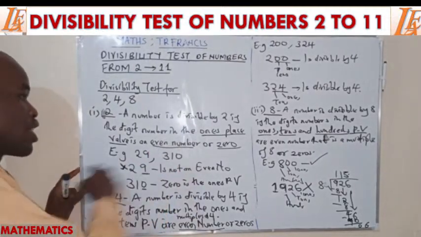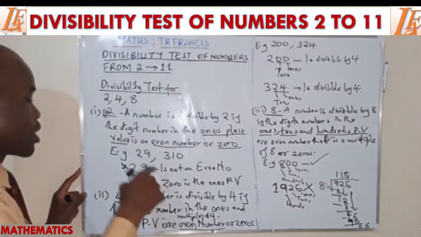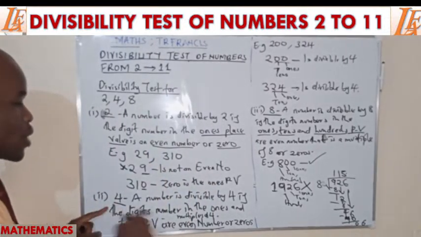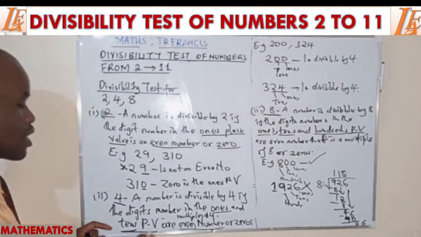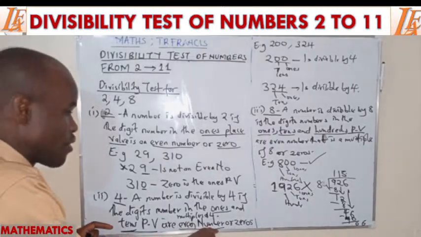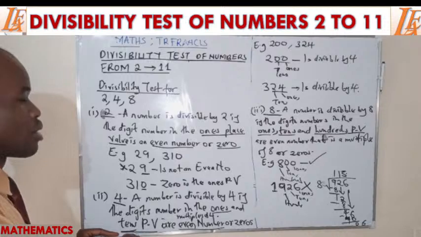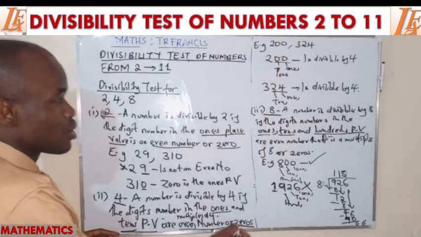If it is an even number, remember, it's a multiple of 2. Then for 4, we look at the place values of ones and tens. We check if the number formed in those place values is a multiple of 4, or zeros.